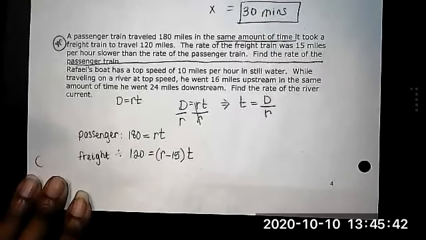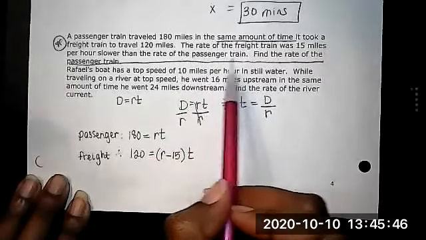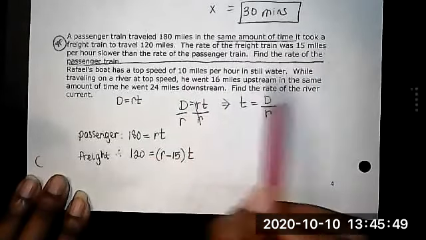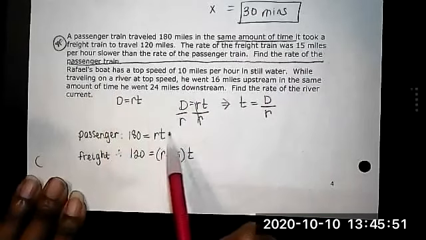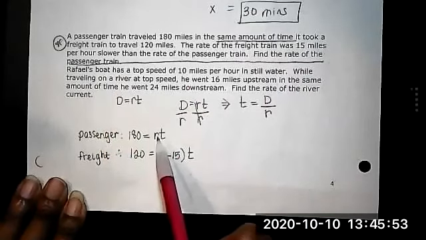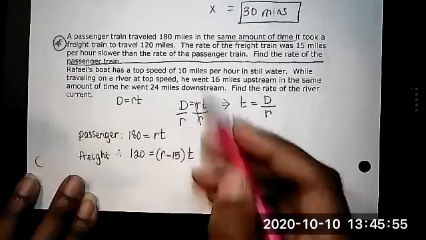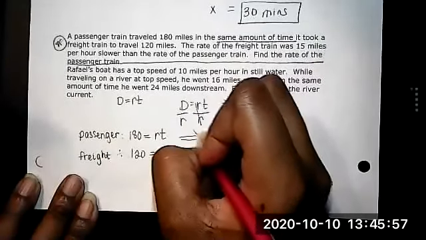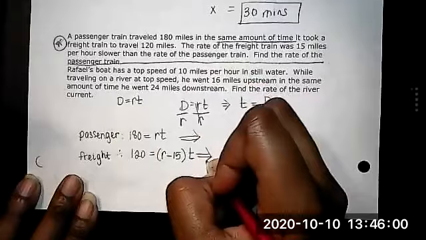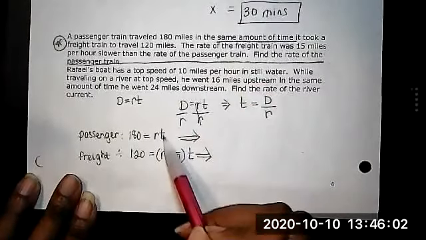So what we need to do with these particular problems, it says, find the rate of the passenger train. So we're looking for the rate, just R. What we're going to have to do for every problem like this is get T by itself.